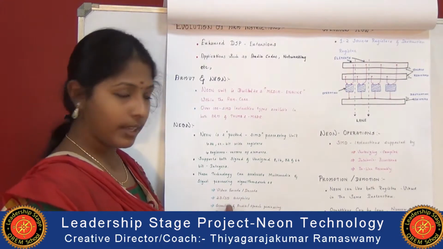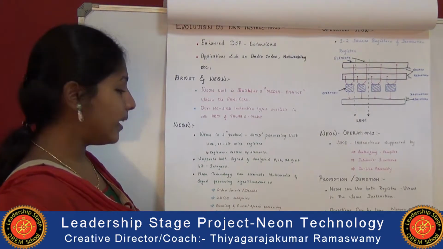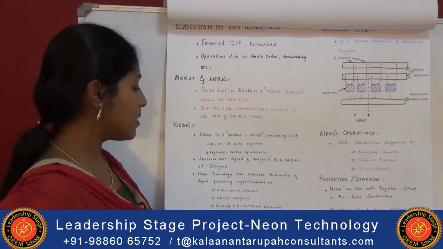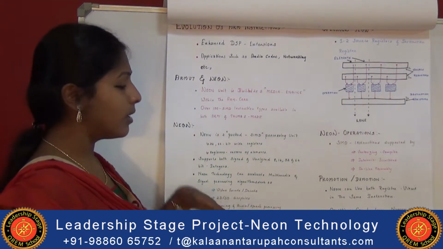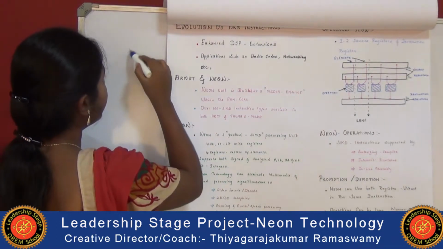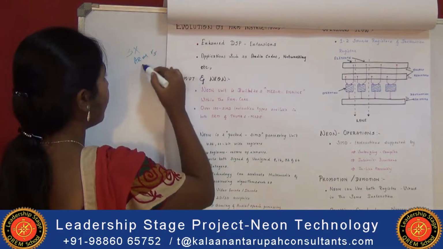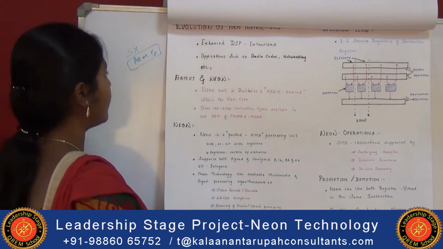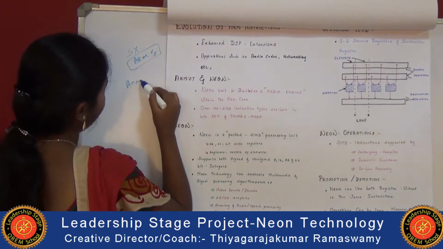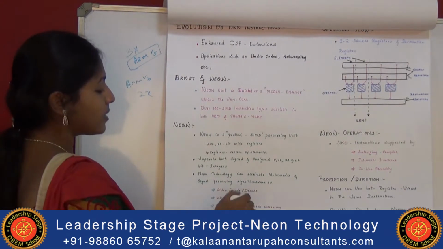Then gaming and audio speech processing, then image processing, and telephony and sound synthesis. In all these applications, it provides triple the performance of ARM v5. When compared to ARM v5, it performs triple the performance, and when compared to ARM v6, it provides double the performance in these algorithms.